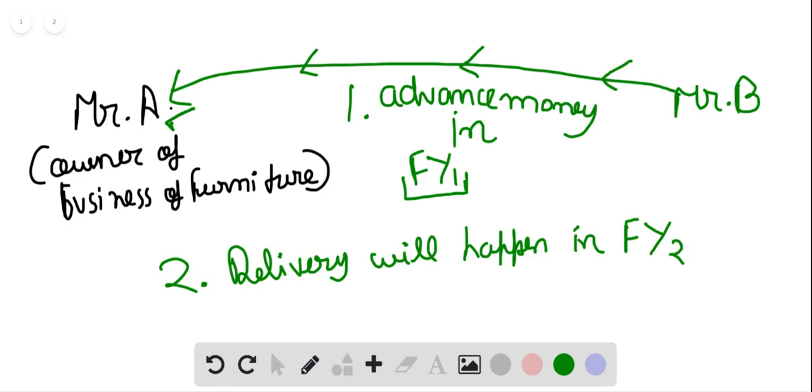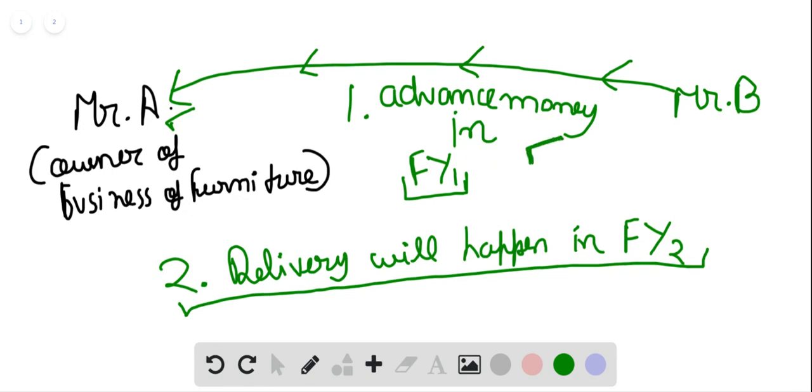But when delivery happens in the next financial year, for the amount that has been recorded in financial year 1, there will be an adjustment entry to record the income in financial year 2.